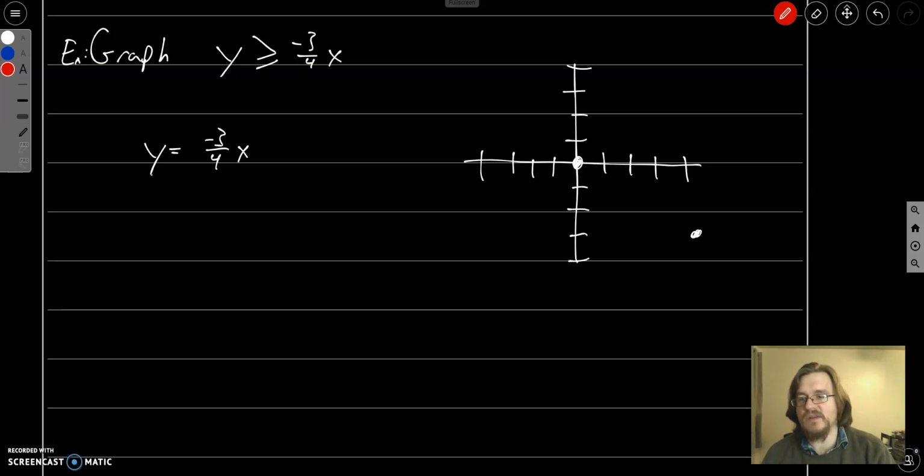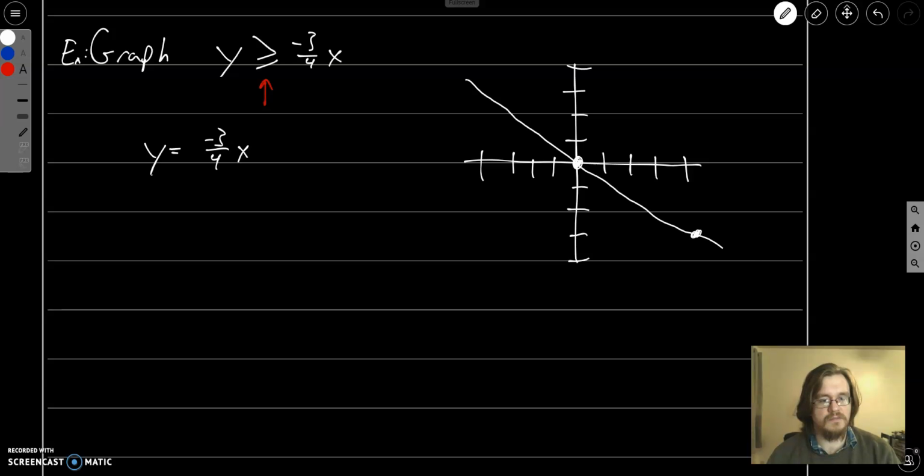We come back and we look at our inequality, which is y is greater than or equal to. So we'll do this with a solid line. And then again, we just need to pick a point on one side or the other. Let's pick this point here.